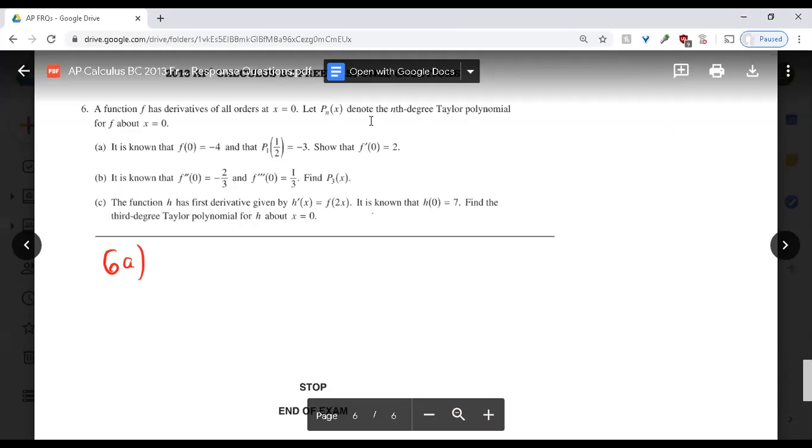So for this one here, I'm going to say P1 of x is going to equal, we have our constant, which is -4. You don't have to write over 0 factorial, but I like to put that just to clearly see the pattern. And it's x minus c. Again, you don't have to say minus 0. Plus, then your first derivative, which is f prime of 0. We don't know that just yet, but we're showing that it's going to equal 2. So over 1 factorial, x minus 0 to the 1.